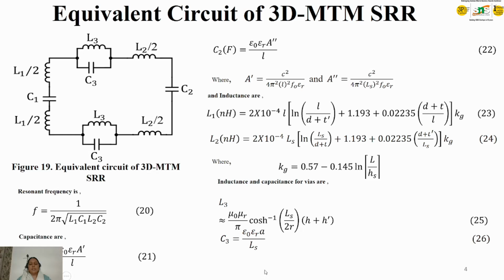This is how we calculate it. H is nothing but the height of the substrate plus the height of the coupling gap. With this we calculate the inductance and capacitance of the coupling structure.